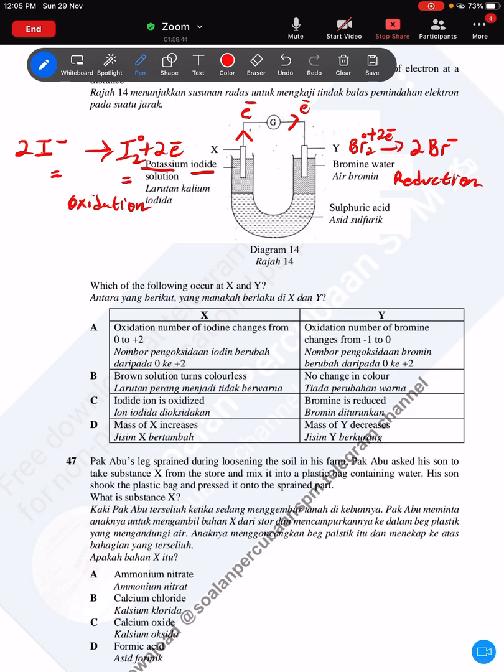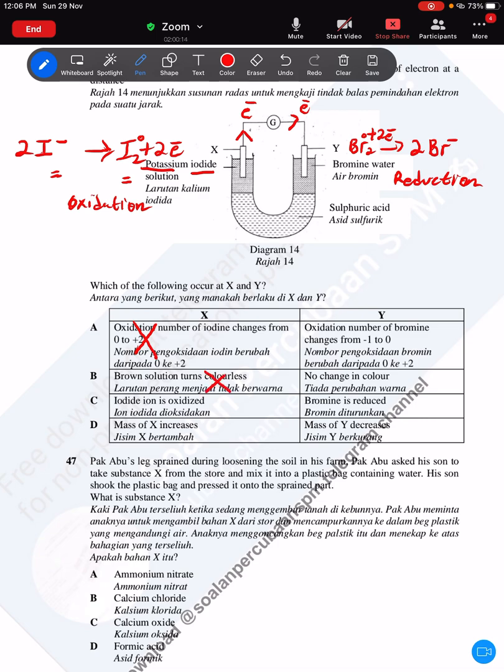Okay, now look at the question. Which of the following occur at X and Y? Oxidation number of iodine changes from 0 to positive 2. Wrong. Brown solution turns colorless. Is this right? Wrong.